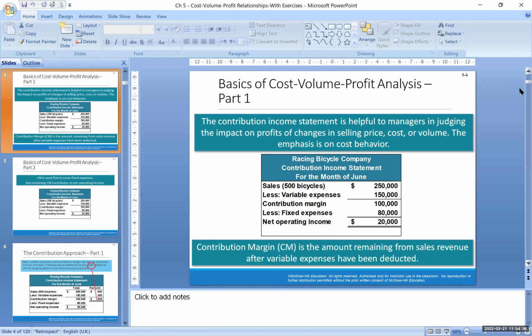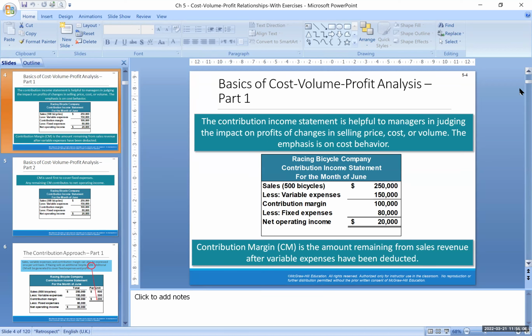The selling price is an important issue: if we sell, then we will recognize revenues. If we didn't sell anything, the sales revenue will be 0 for the company. That's why it is important to be included in the contribution margin. The cost, which is the variable cost, and the number of units sold are also important. The emphasis is on cost behavior.